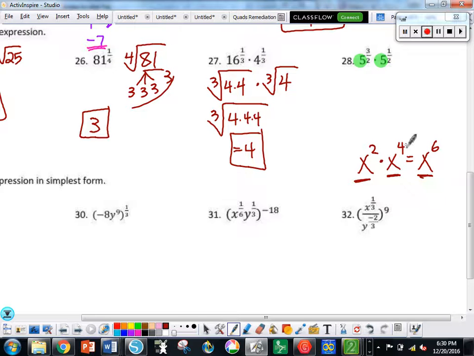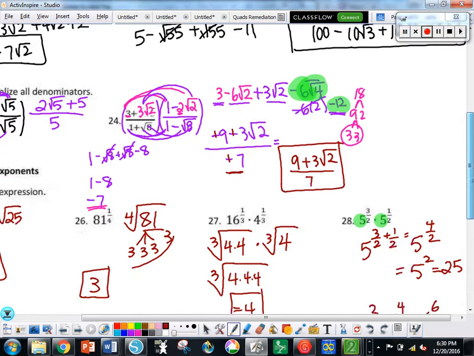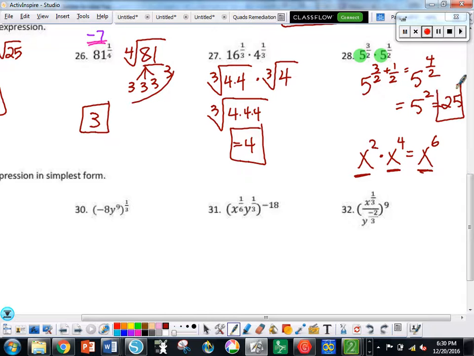You just add the power. Same thing here. I have 5 to the 3/2 times 5 to the 1/2. That's like saying 5 to the 3/2 plus 1/2, which is 5 to the 4/2, which is 5 squared, which is 25.